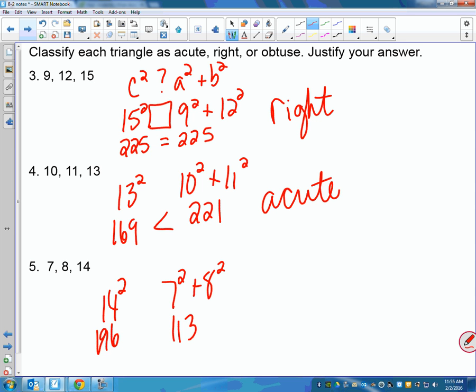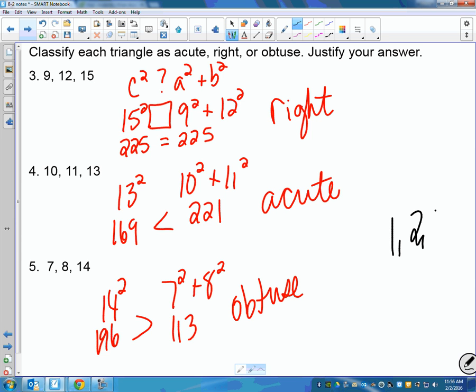I think one of these, right? This one, c squared, is bigger than this side, which means that that is obtuse. Yes. So like on the one, if it was 1, 2, 3, that would not make a triangle because these two have to be bigger than the third one, not equal.